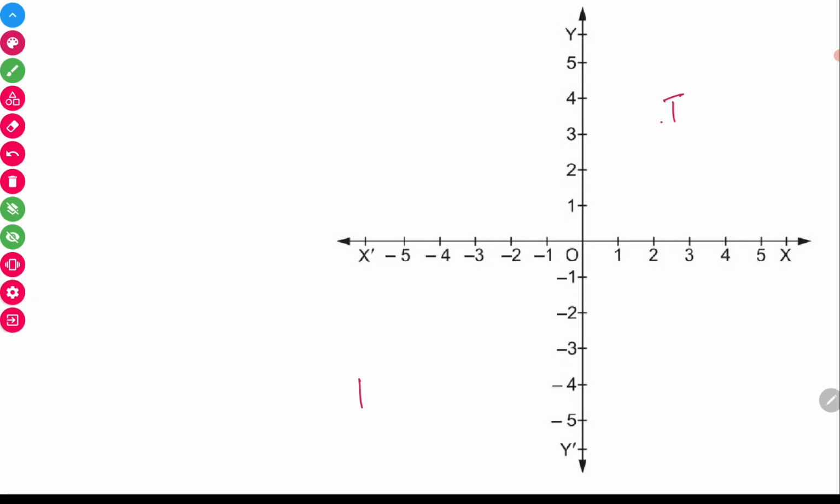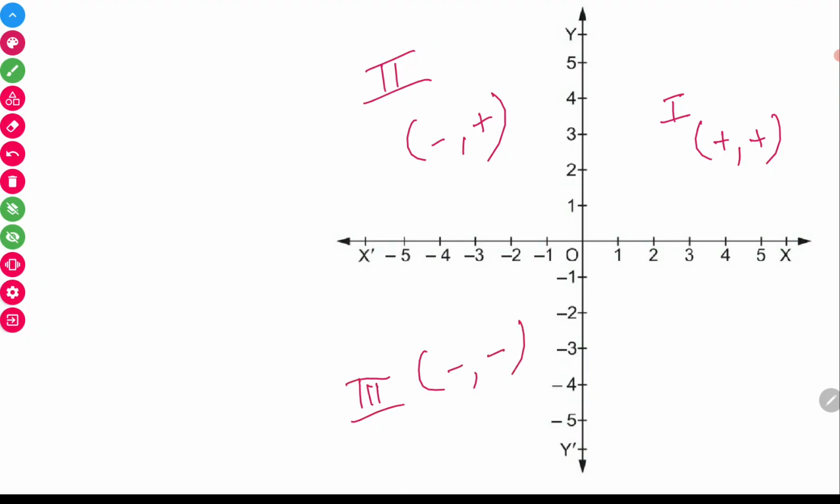In the first quadrant, both were positive. In the second quadrant, x was negative and y was positive. In the third quadrant, both were negative. In the fourth quadrant, what is coming? Positive part of x and negative part of y. So x will always be positive and y will be negative.